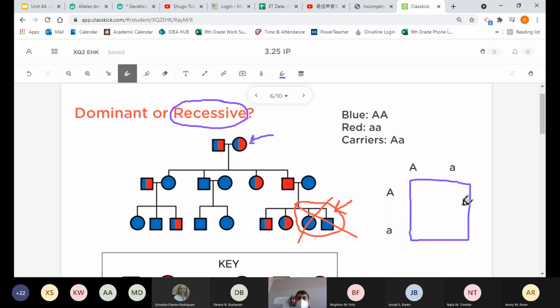You do your cross, and what you figure out is that your kids are going to be homozygous dominant, heterozygote, or homozygous recessive.